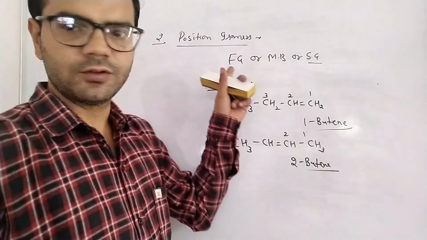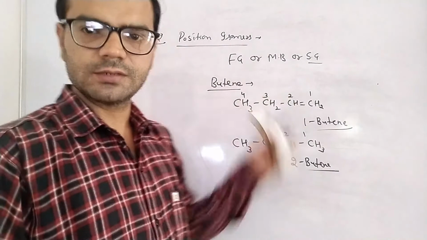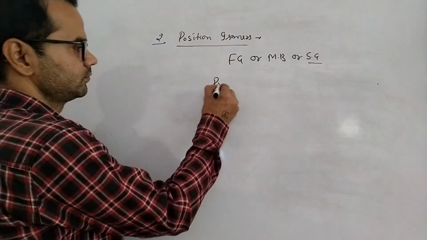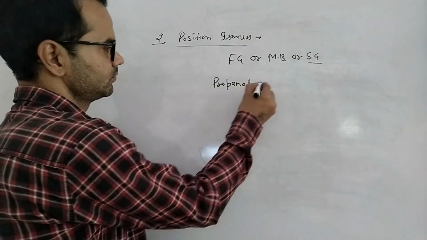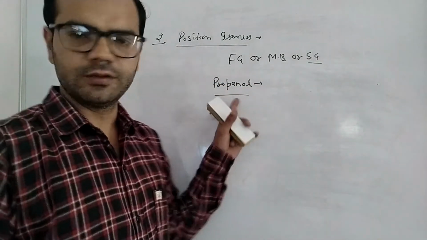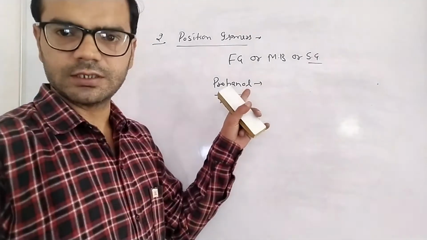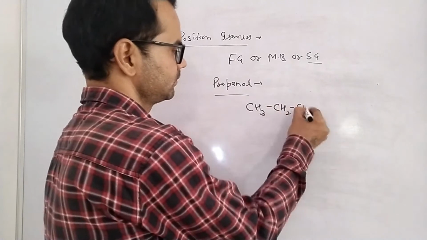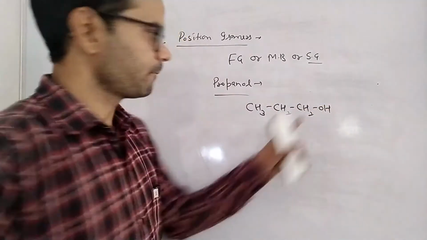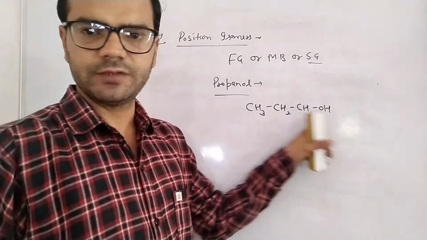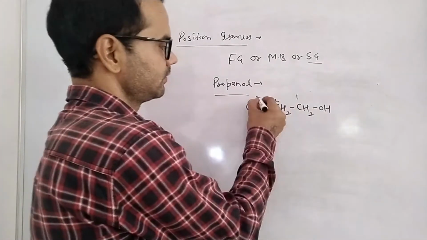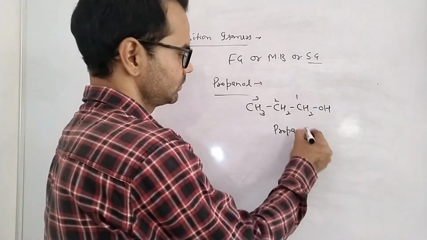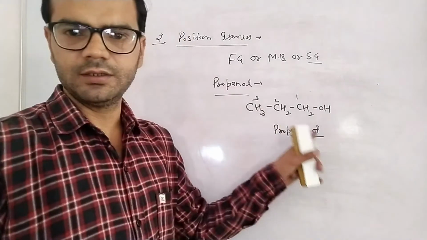We have the case of a multiple bond. If we have a functional group, then different arrangements of the functional group are also possible. For example, we have propanol. Ol is the functional group, alcoholic. The OH functional group is attached to the first carbon, so this is propan-1-ol.